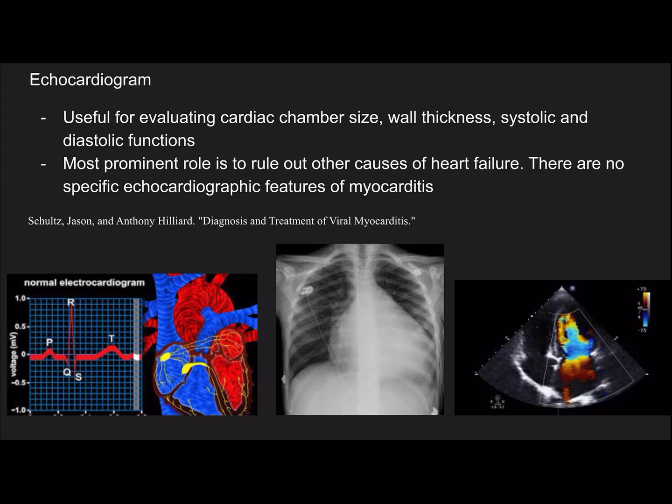This information about the methods doctors have been using to detect myocarditis comes from Diagnosis and Treatment of Viral Myocarditis by Jason Schultz and Anthony Hilliard. In these pictures on the bottom, the left side would be what a normal electrocardiogram looks like, the middle picture would be a chest x-ray, and the right side would be an echocardiogram.